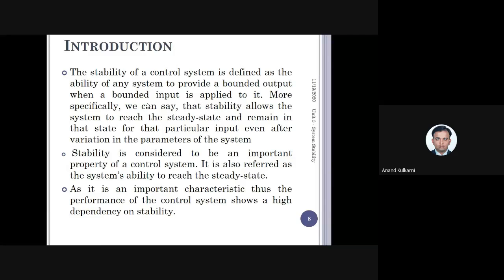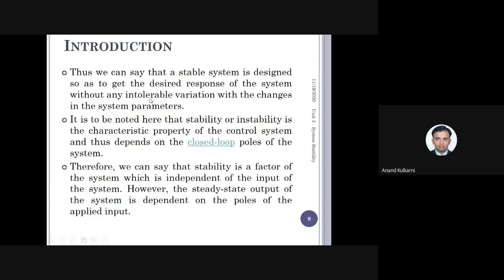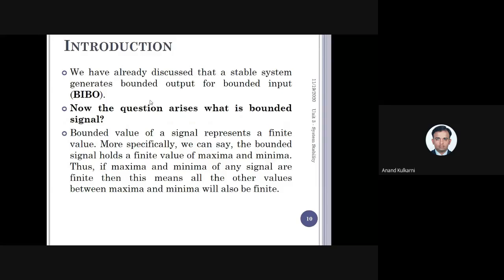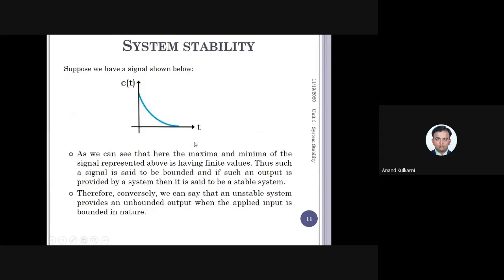The reason is it is not a frequency response analysis. Here we are talking about a time response analysis. In frequency response analysis, we use sinusoidal input. So these are the further details. You can go through them.